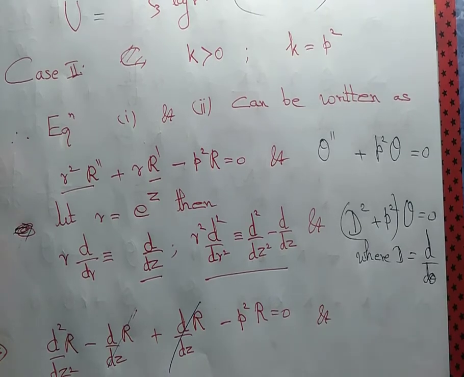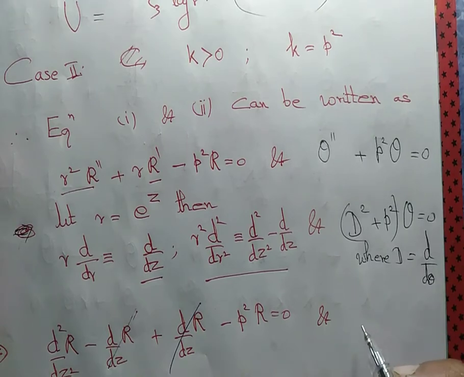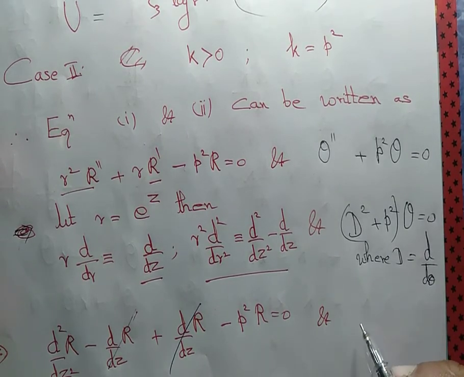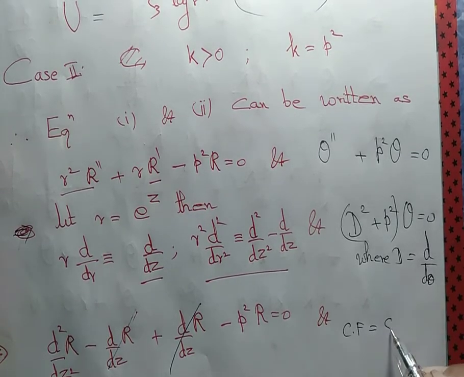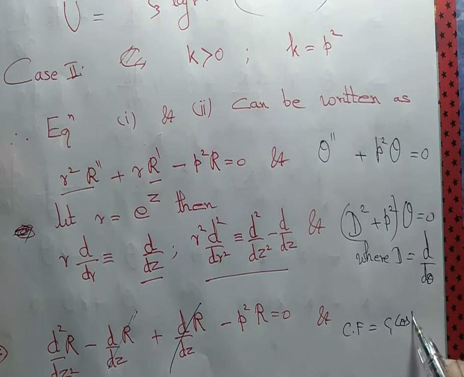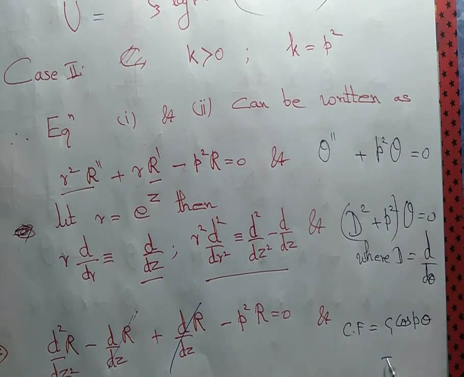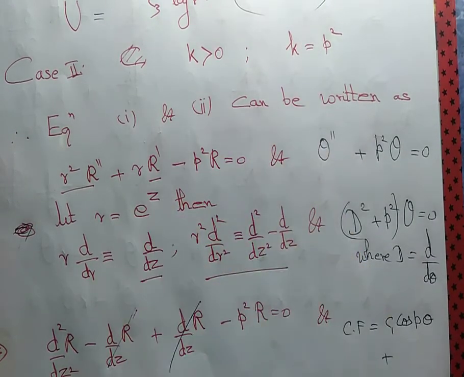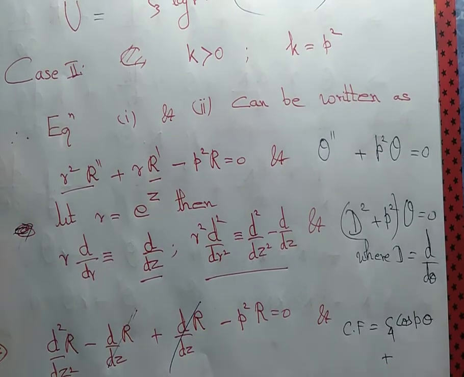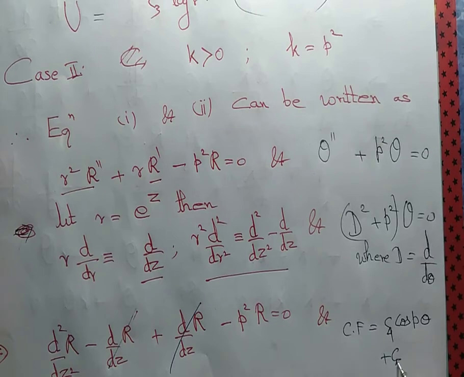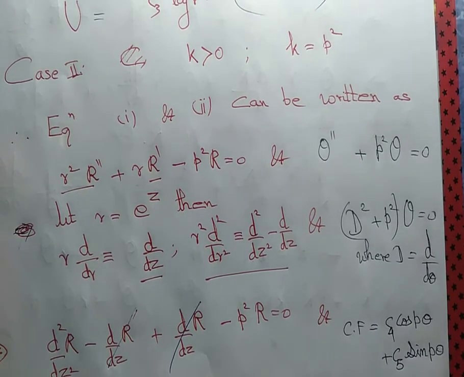And here you will have the other portion. You will have complementary function to be, CF is your c1 cos p theta. Oh, we already have c1, c2, c3, so let's write c4 cos p theta plus c5 sin p theta.